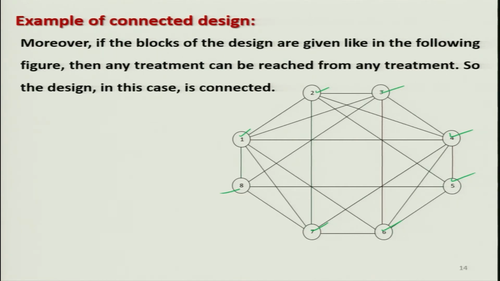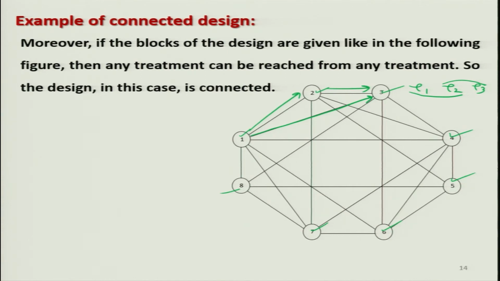For example, from treatment number 1 to 3, you can go directly, or you can go from 1 to 2 and then 2 to 3. So, tau 1 and tau 3, and then tau 2 in between. Tau 1 and tau 2 form an elementary contrast, tau 2 and tau 3 form another elementary contrast, and they are in the same block.